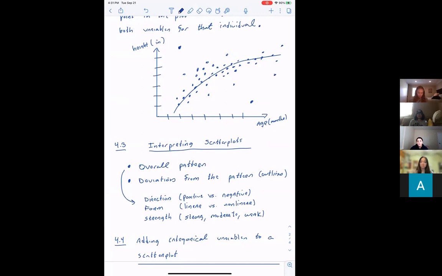But again, for this example here, you go to a hospital or to a pediatrician's office and you get all this data on children, age versus height. And you say, you know what? I see two striking patterns here. Maybe I should separate those two into two different scatter plots, but yet have them overlaid with each other so I can see them at the same time.